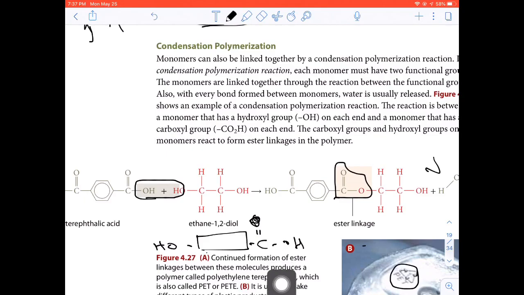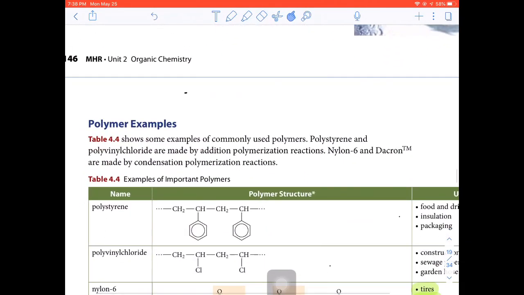And then it just continues again. And then I'll have that circle, circle, circle, circle type of addition polymerization again, where all of the monomers are the same. Okay, so lots of different possible configurations, which is why there are so many different polymers.